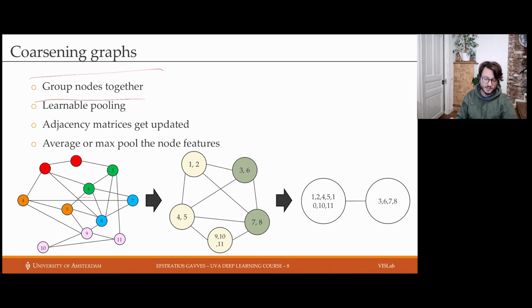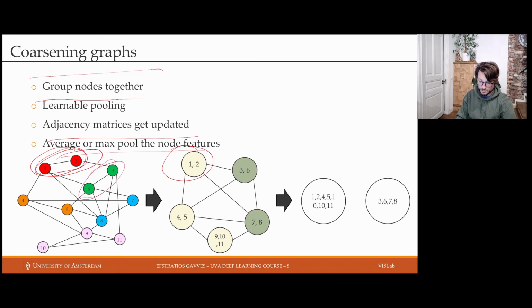So basically, in that case, we group nodes together, and we can even do learnable pooling. The adjacency matrices can get updated, and then we can do average or max pooling. So for instance, if we know that these two nodes belong together, then they become one in the next stage after the coarse pooling.